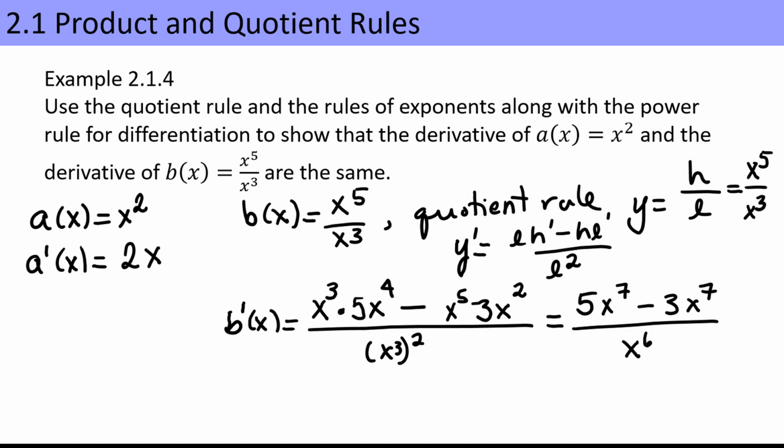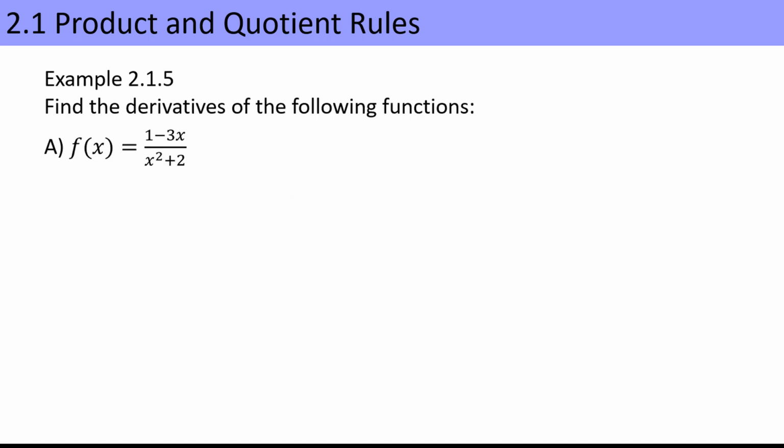Let's continue. So 5x to the 7th minus 3x to the 7th would be 2x to the 7th divided by x to the 6th, and that simplifies to 2x. It actually matches.